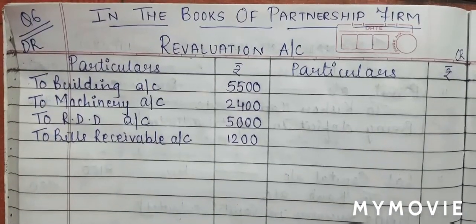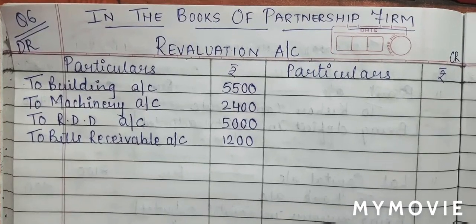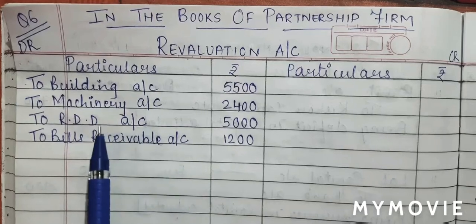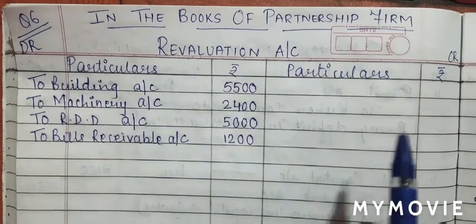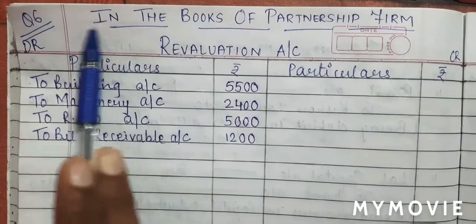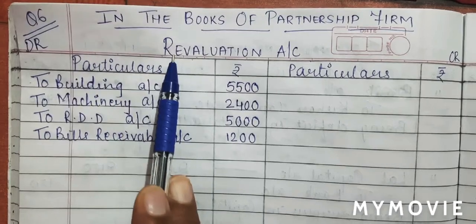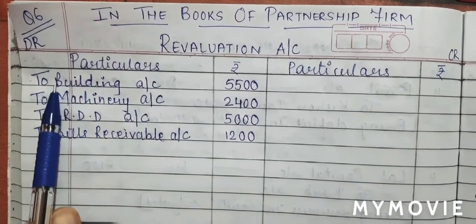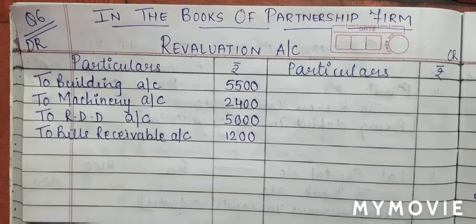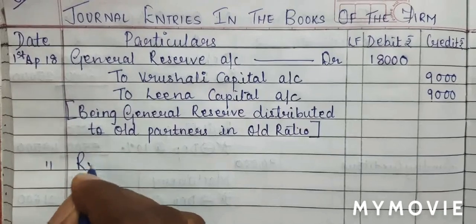So students, as we have completed with revaluation, let us write the journal entry. If you look at your revaluation account, we only have journal entry on the debit side. There will be no journal entry on the credit side. So let us understand the journal entry on the debit side. So our journal entry will be revaluation account debit to all these names. So let's write this in a journal. Our date will be common. We'll have revaluation entry.